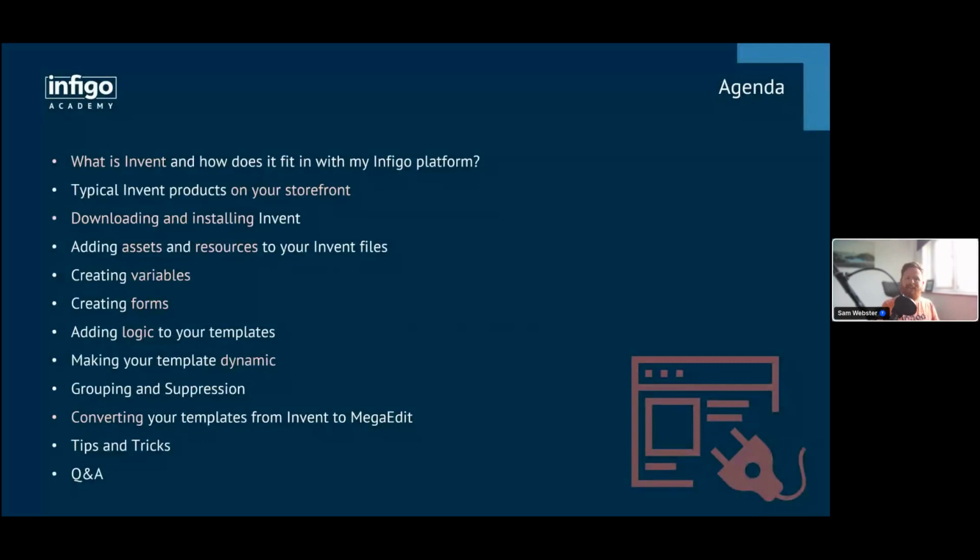So this is your business currently using Mega Edit? So just let us know if you are currently using it or if you're not currently using it and you're interested to do so. And I'll activate a second one as well, which is how many people within your business are using Infigo Invent. So what we're going to be going through today. So let me just enable that one as well. As I say, hopefully you can see those. Not too big of a problem if you can't.